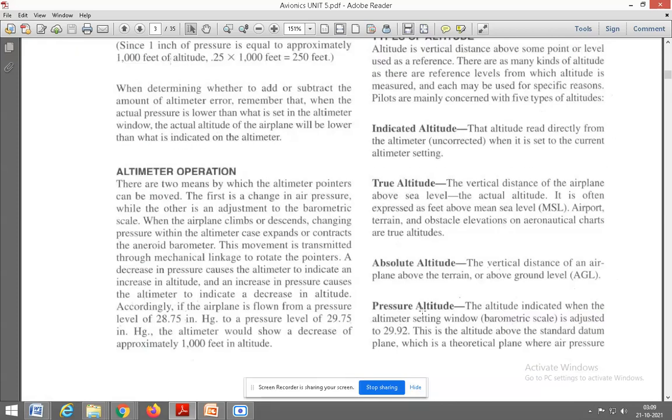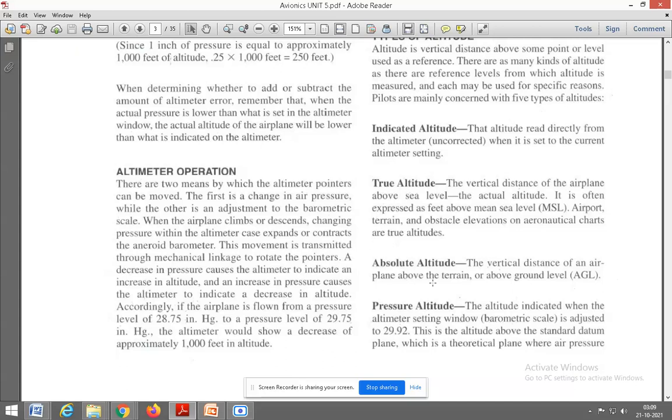Indicated altitude is the altitude read directly from the altimeter when it is set to the current altimeter setting. So indicated altitude is nothing but whatever current setting was set, that will be read. It is indicated altitude.